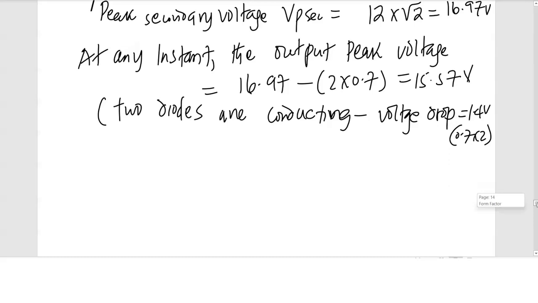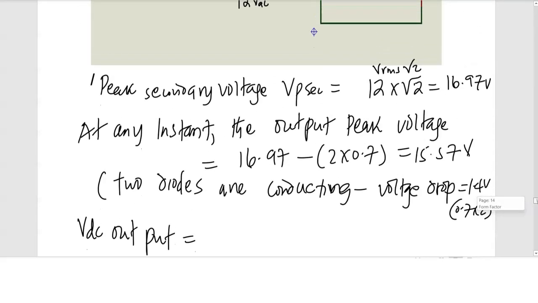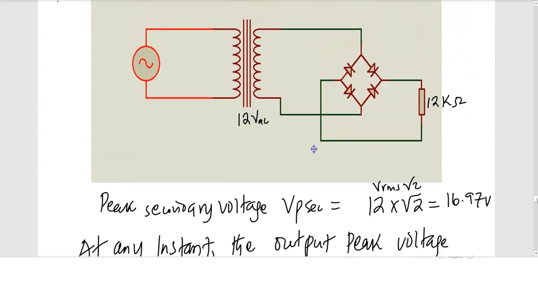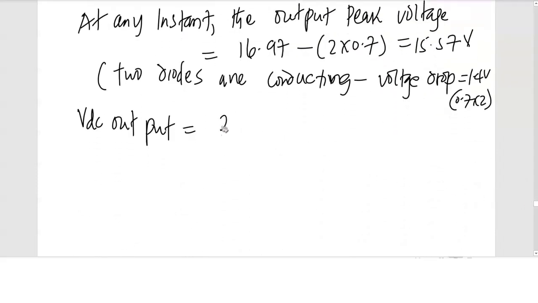So now let's look for the VDC output. The output DC voltage that is going to appear across the resistor RL, since this is a full wave rectifier, is going to be 2 Vpeak divided by pi.